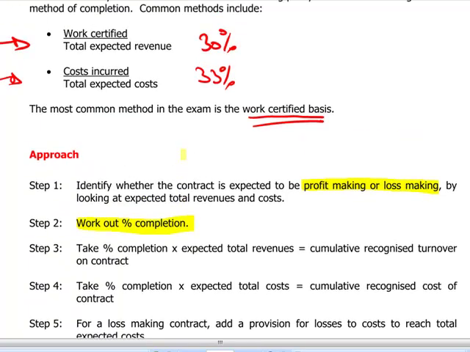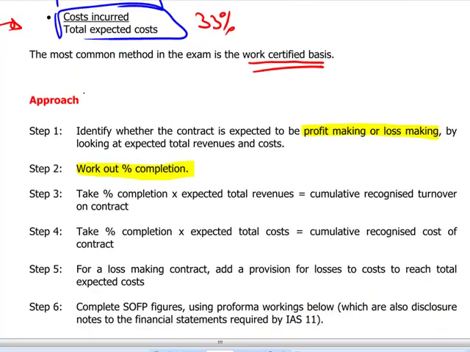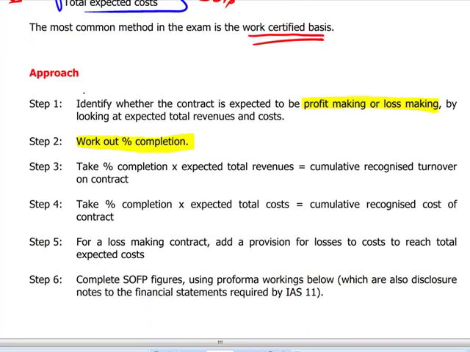Remember, either using work certified or using the cost incurred basis. And then you will recognize the turnover on the contract by multiplying the total revenues, or the selling price of the contract, which will not change, by your percentage of completion.